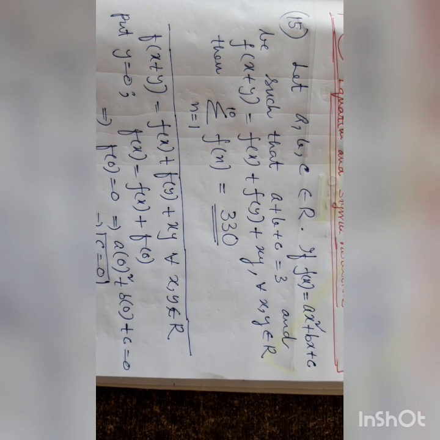Then sigma from n equals 1 to 10 of f of n equals 330. Its value is in the option. The right option is 330.